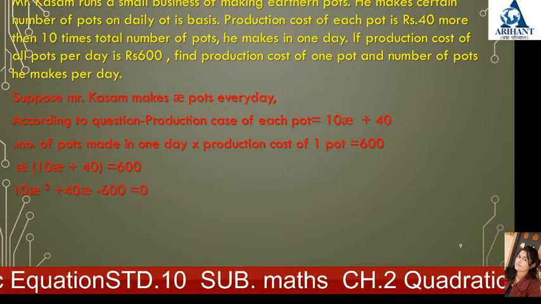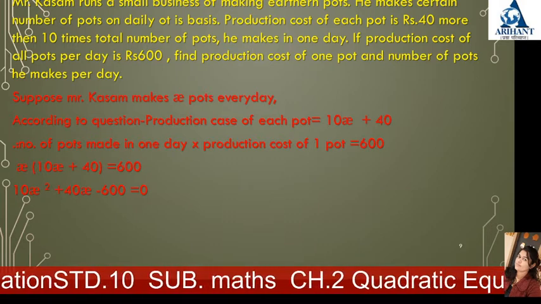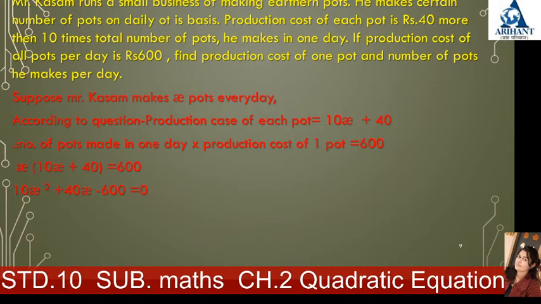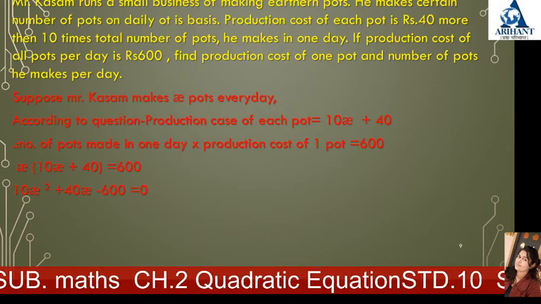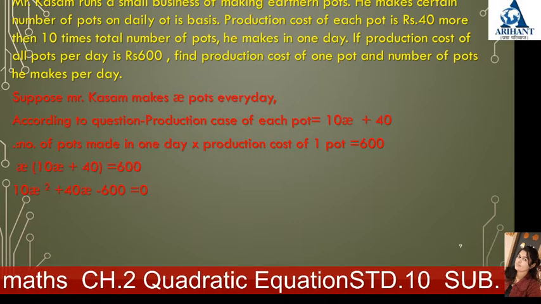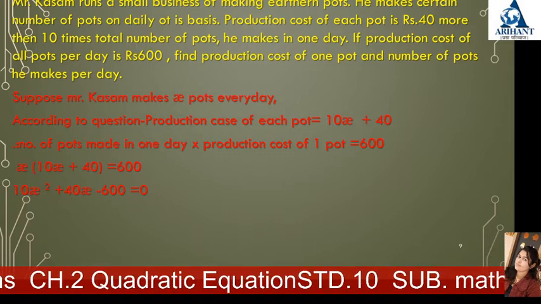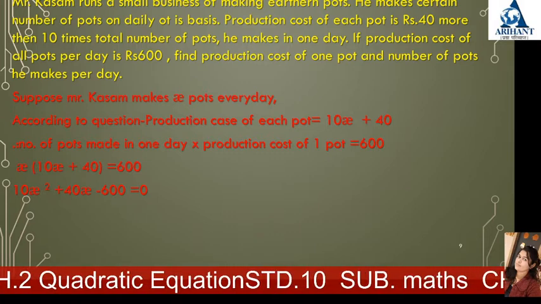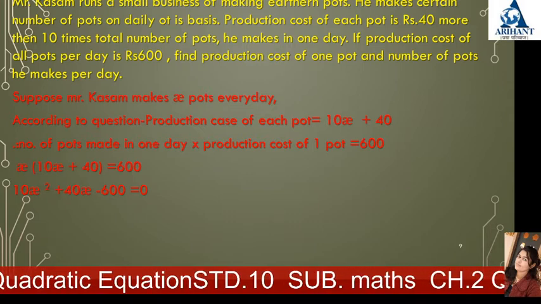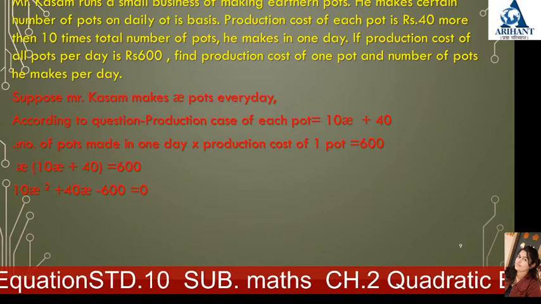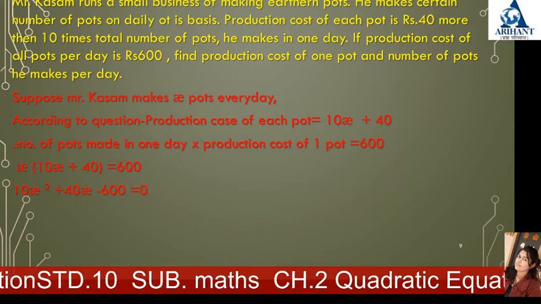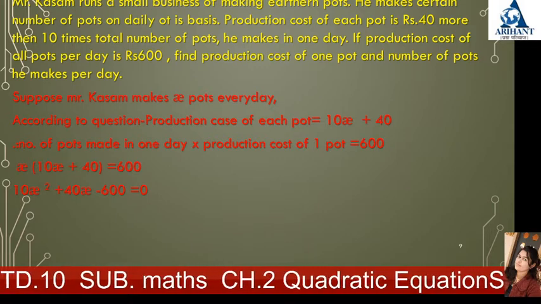So the number of pots made in one day, x, into the production cost of one pot, 10x plus 40, is equal to 600, which is the value given in the example.